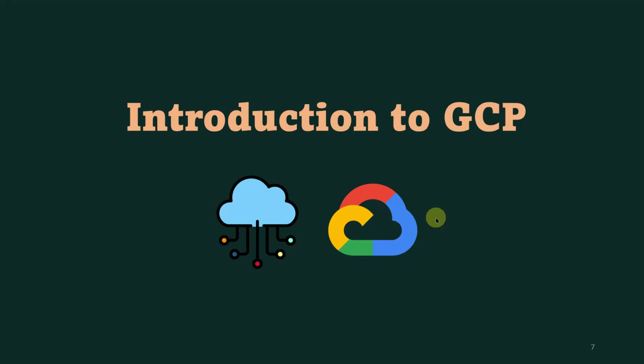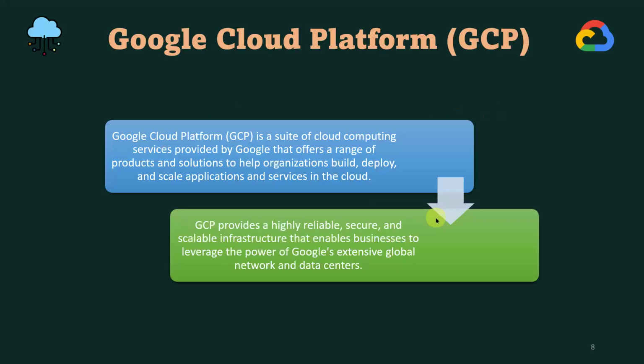Let me first tell you what is Google Cloud Platform. Google Cloud Platform is a suite of cloud computing services offered by Google for organizations to build their applications, deploy their applications, and scale their applications and services in the cloud.